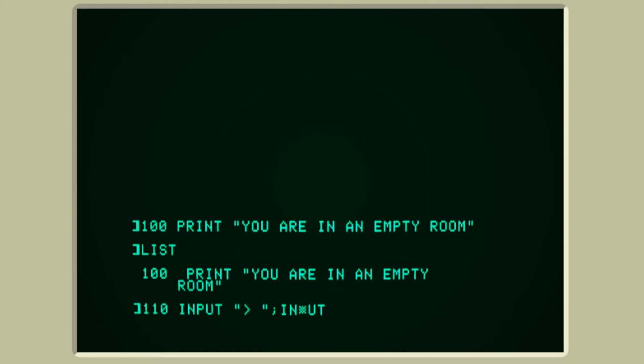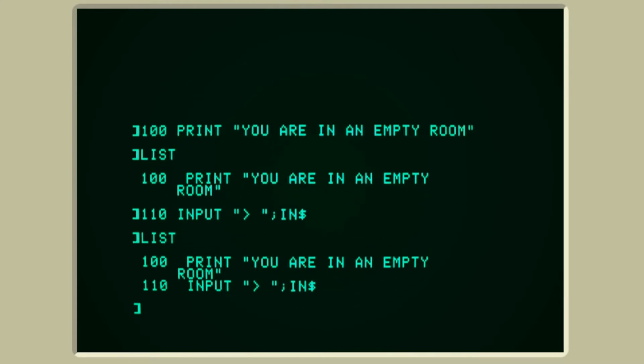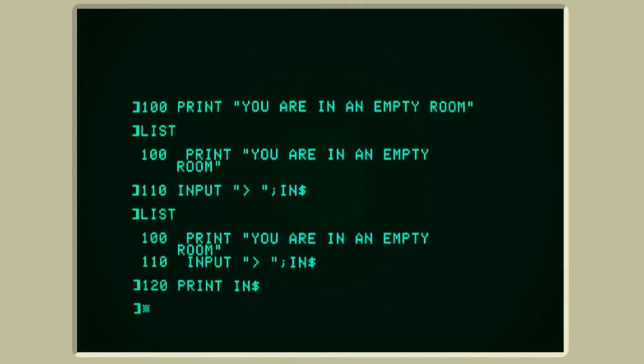And dollar is the sign of a string variable in BASIC. And just for debugging purposes, I'm gonna echo whatever the user is typing here. So yeah, we're just printing to the console what the user typed.